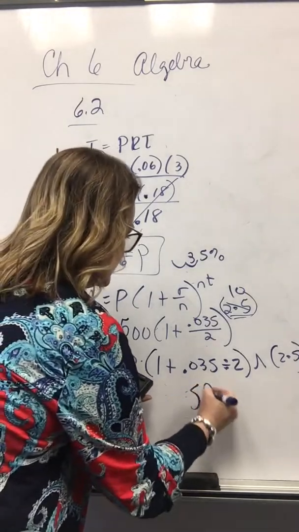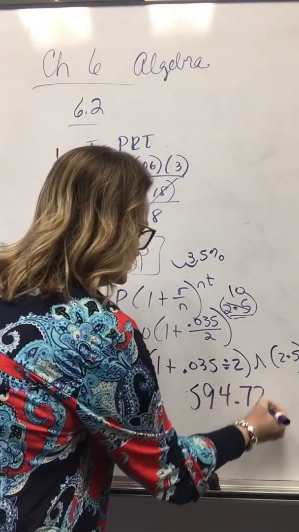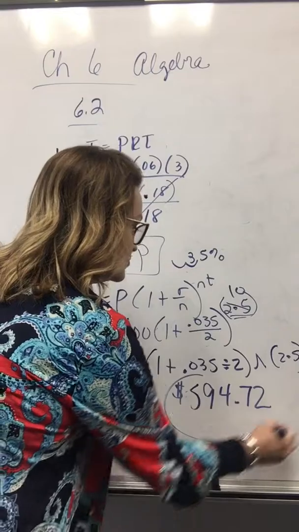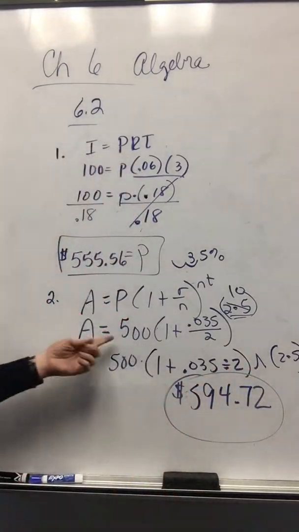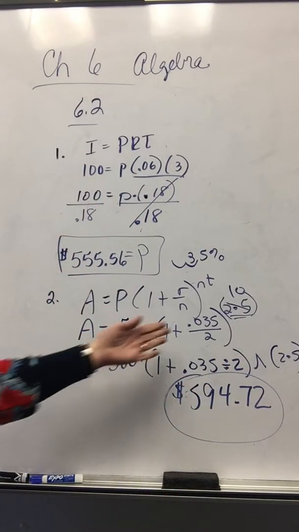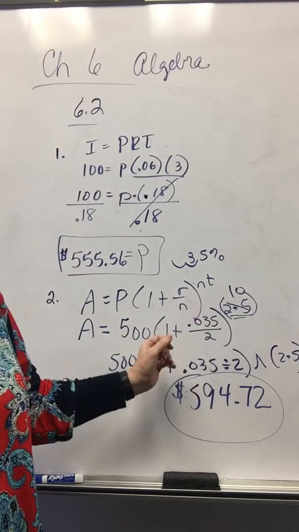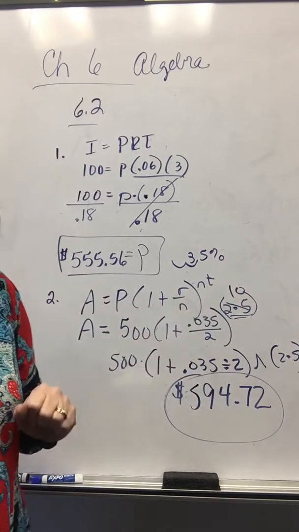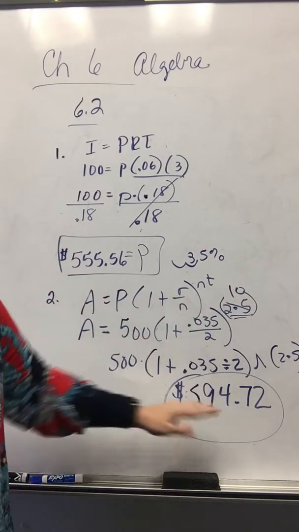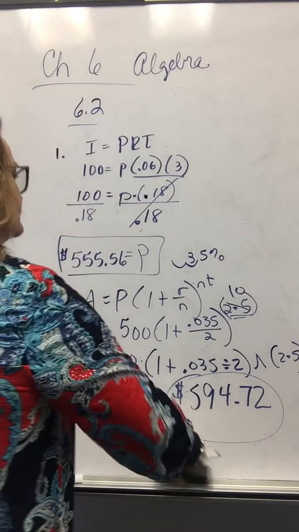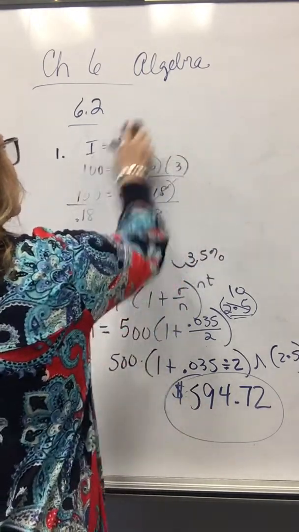You get $594.72. So that's what your money would grow to if you invested $500 and left it in there at 3.5%, compounded twice a year for 5 years. It would accumulate to $594.72. That's the compound interest formula.